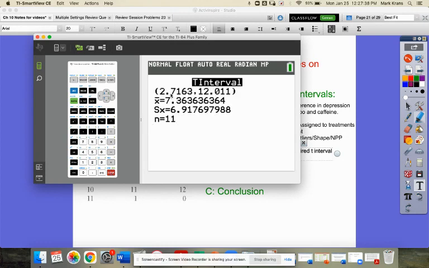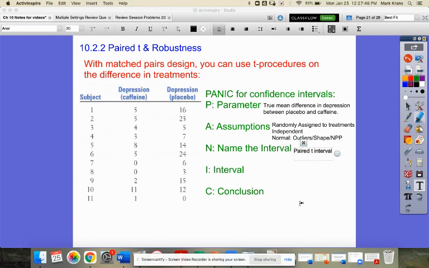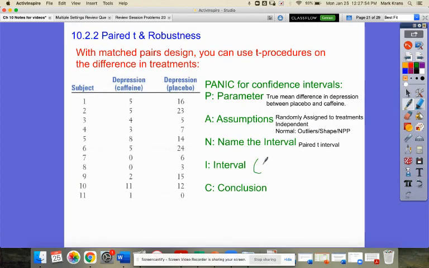And we find that 2.716, 2.72 to 12.01. 2.7 to 12.0. So what would I say?